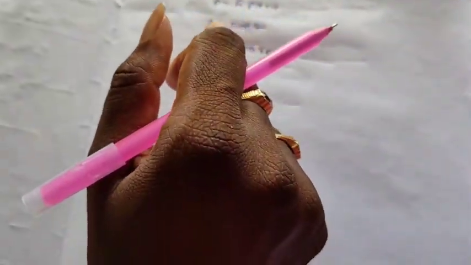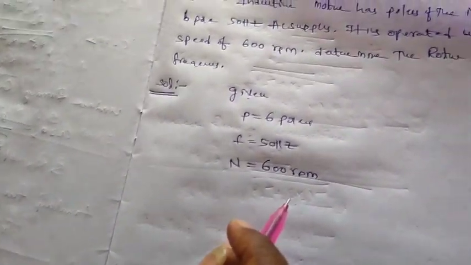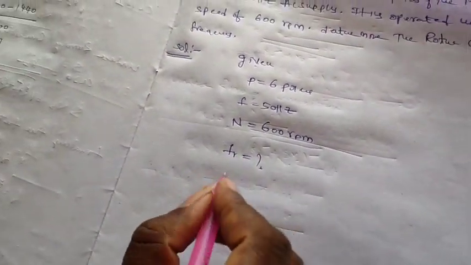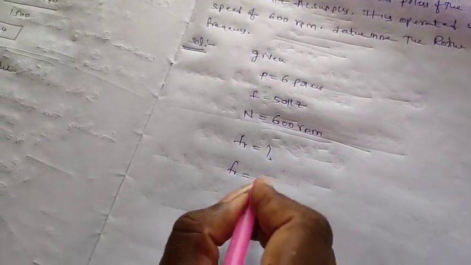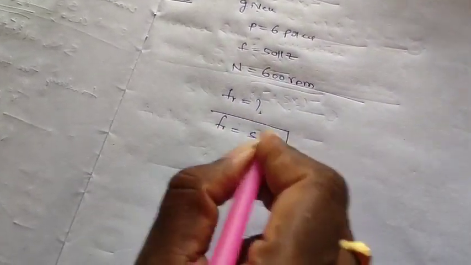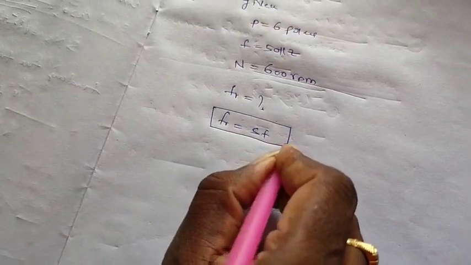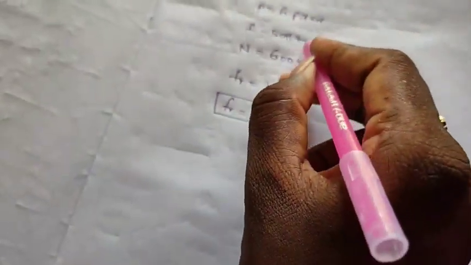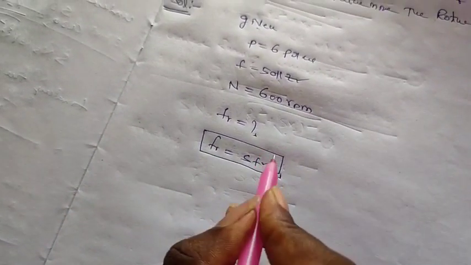Determine rotor current frequency, that is Fr equal to how much? The formula for Fr equal to slip times frequency. In this problem, frequency is given, 50 Hz is given, but we don't know slip.